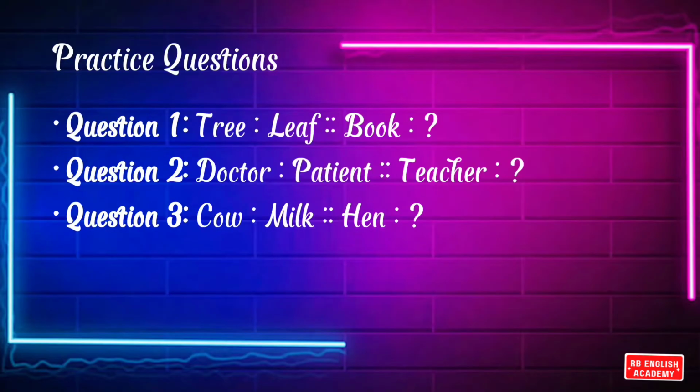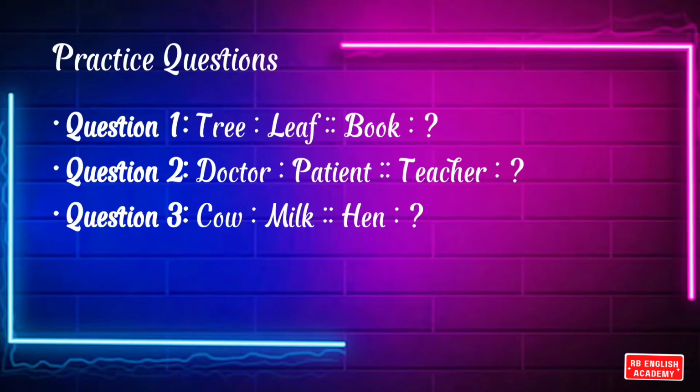And here I have given you practice questions. Question number 1, tree, leaf, book. So tree is a whole and leaf is the part of the tree. And book is the whole, which is the part of the book. Question number 2, doctor, patient, teacher.